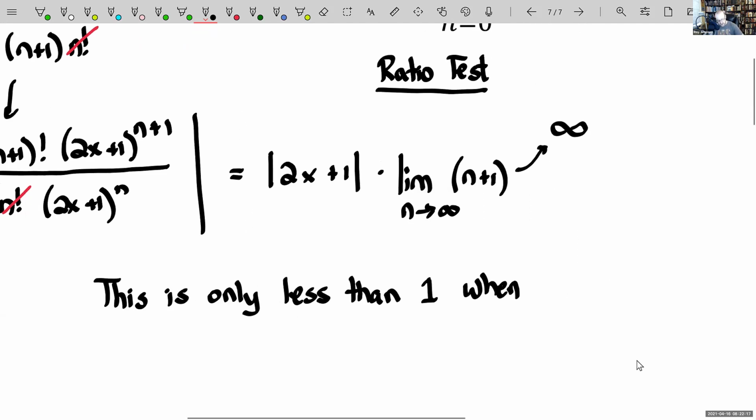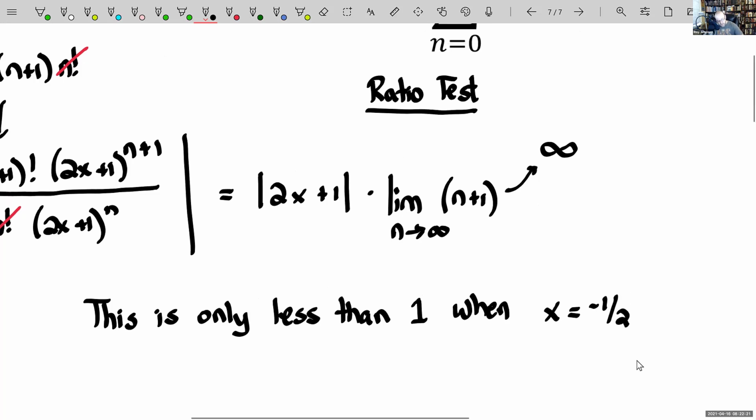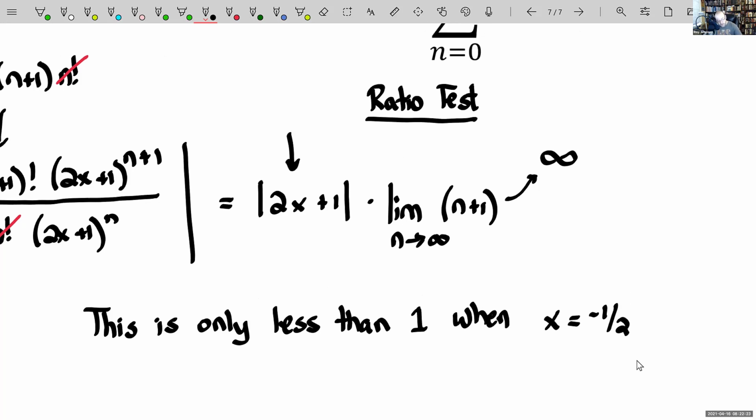Yes, thank you. When x is equal to negative 1/2, this is identically 0. Not approaching, but identically 0. It is a static 0. So if you plug in x equals negative 1/2, this will be 0 identically.